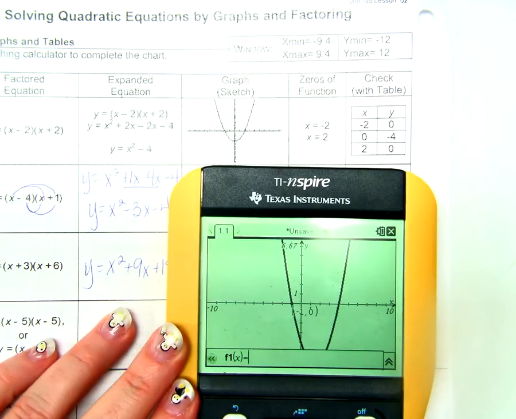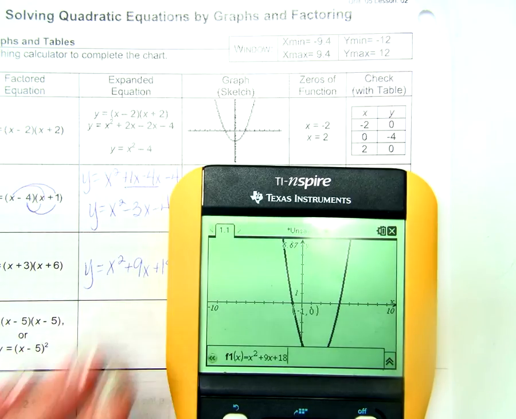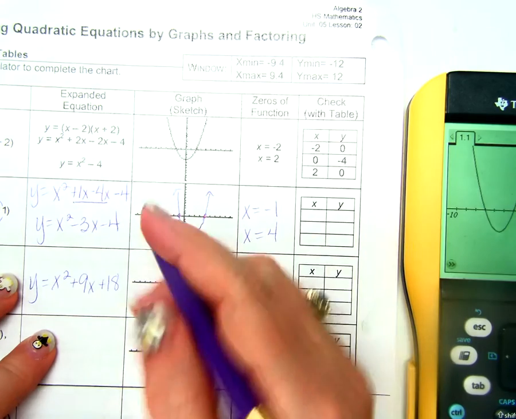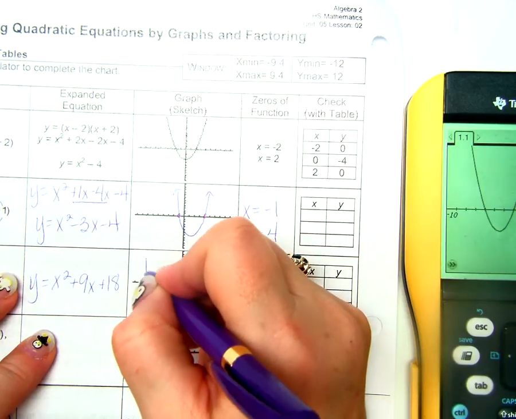I think this time I'll put in the expanded equation because I put the other one in last time. I just want to make sure you understand that they're the same, or they should be. Oh my gosh, look at that. It crosses at -3, -6. We are so smart. -3, -6.